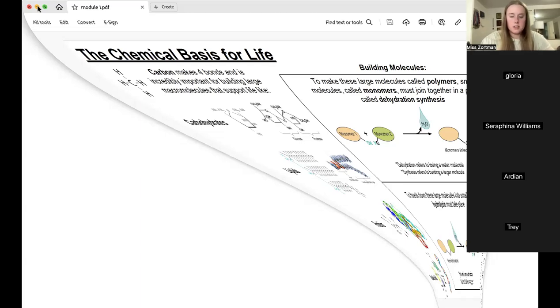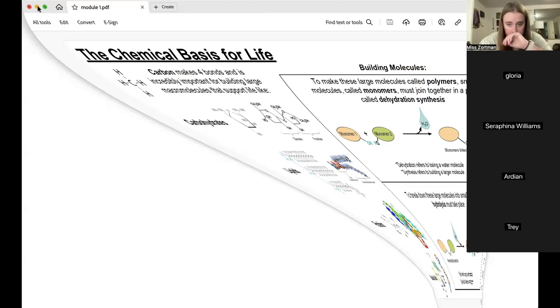Biological. There it loaded. Okay, so I'm gonna pull up an image. I just want to make sure everyone is familiar with these. Not a good image. All the pictures are so tiny.